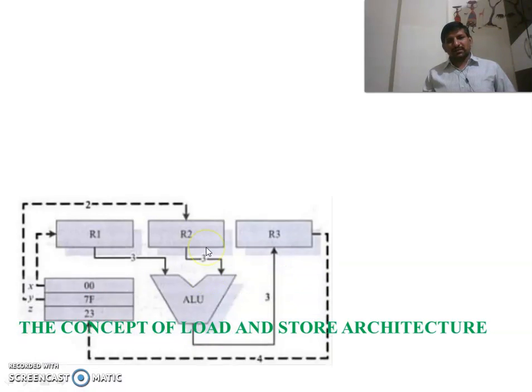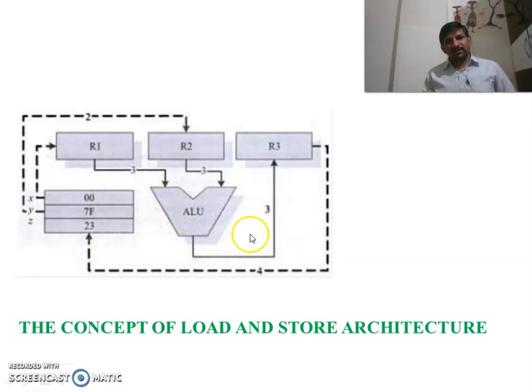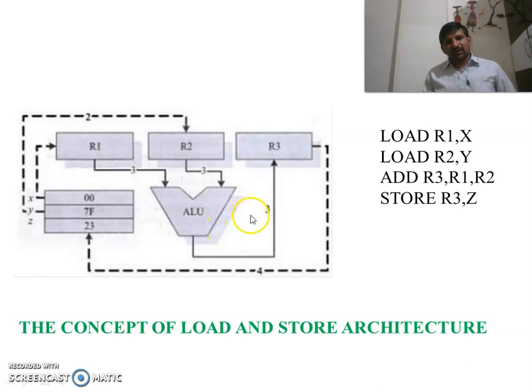So we can see an example here. First, load R1 comma X. Here the R1 register is loaded with the content of the X memory location. Next, load R2 comma Y. Here we are fetching the Y memory location content into the R2 register.